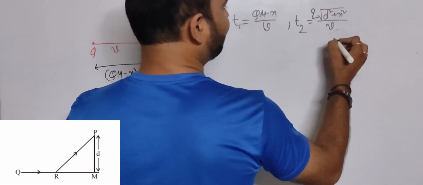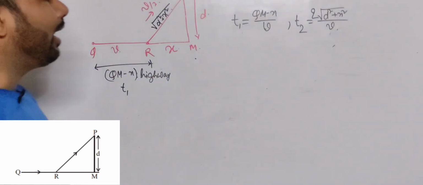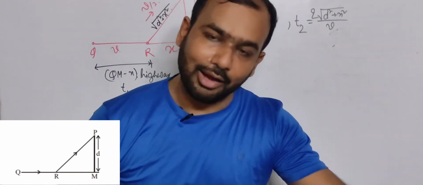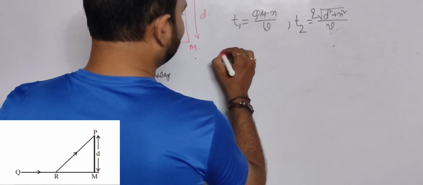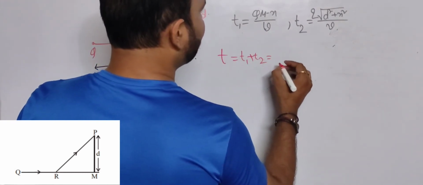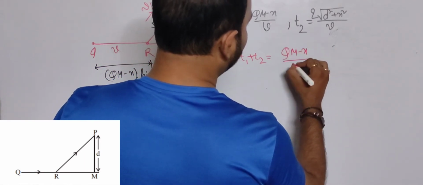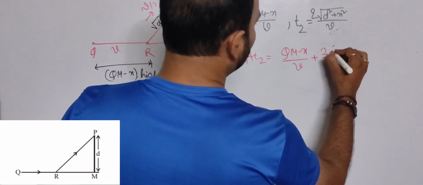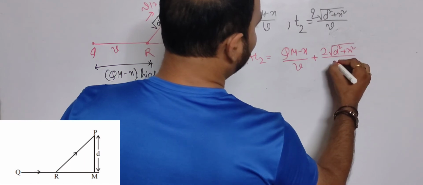We have to find the minimum time, the total time on the highway and in the field. So the total time t equals t1 plus t2, equal to QM minus x by v plus 2 root over d square plus x square by v.